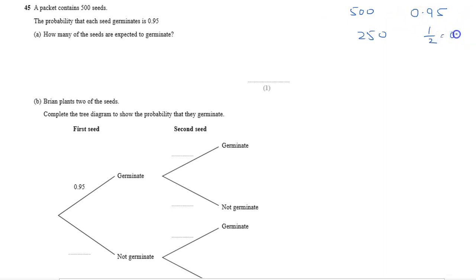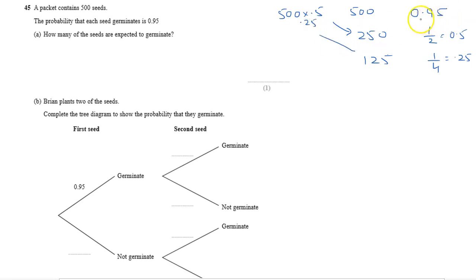Half is 0.5. If it is 1/4, then 125 would have germinated. 1/4 is 0.25. So simply if you multiply 500 into 0.5, you will get 250. If you multiply 500 by 0.25, you would get 125.